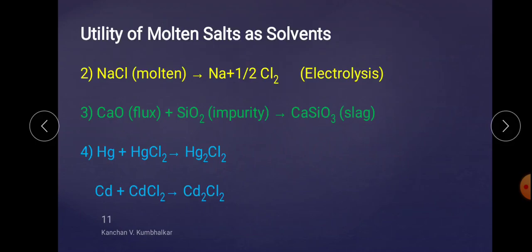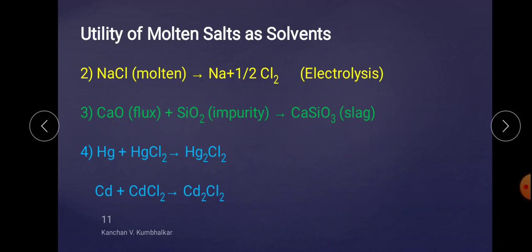Next one is the utility of molten salt as a solvent. The first utility is that highly reactive solutes which cannot be studied in a reactive solvent can be studied in a molten salt. For example, halogens, which are highly reactive and cannot be studied in water, can be conveniently studied in a molten halide.